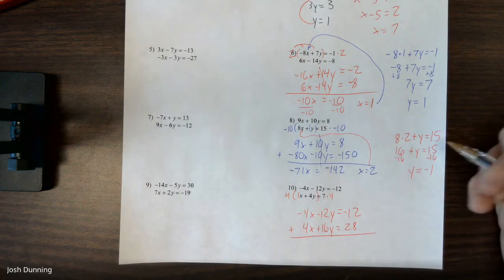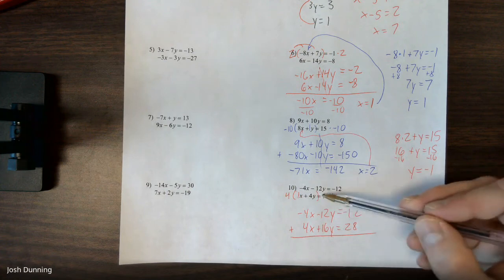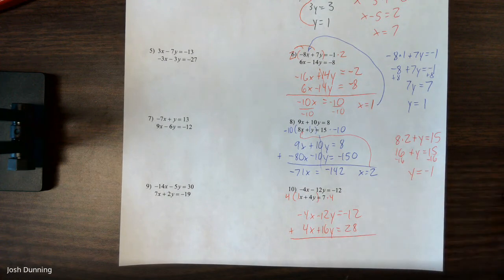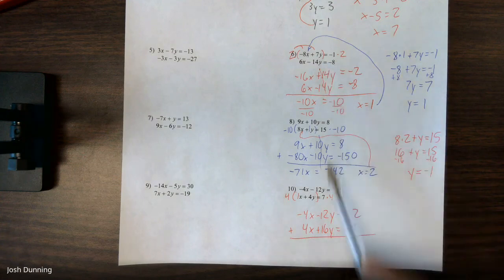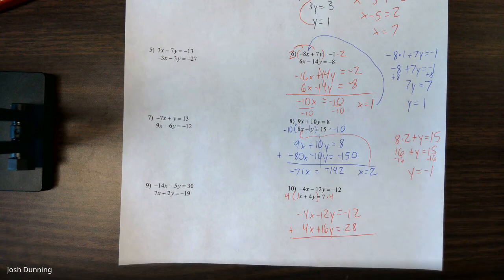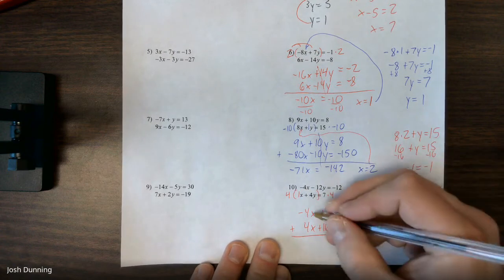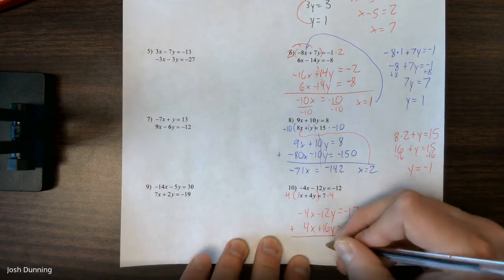Again, I could have just as easily done the y's. I would have multiplied everything by 3 here to get a 12. It doesn't matter. The only reason I chose x is because so far all we've canceled out for these is the y's. So I did x this time. If either variable is easy, either one works. So cancel those out.